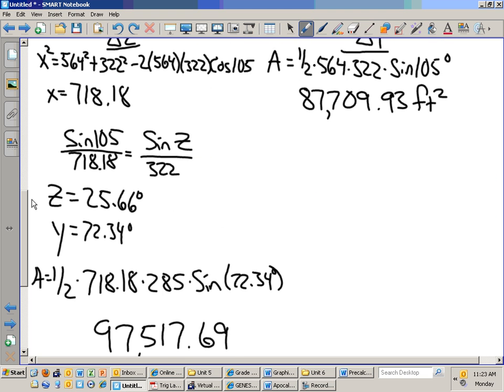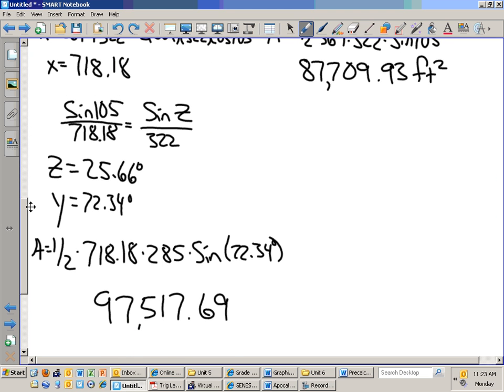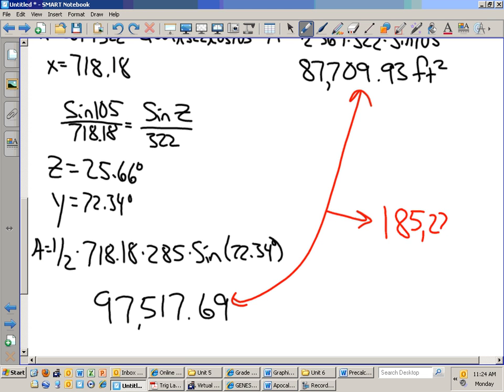And so what do I do to find the area of the whole entire space? I would take these two, I add them together to get 185,226 feet squared.